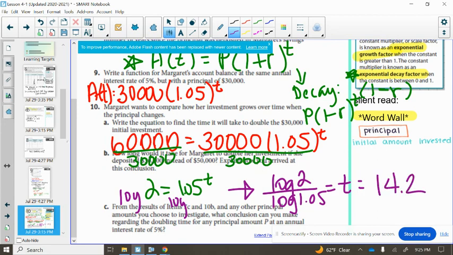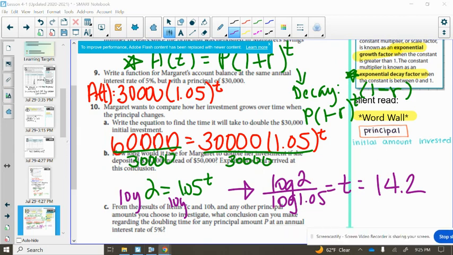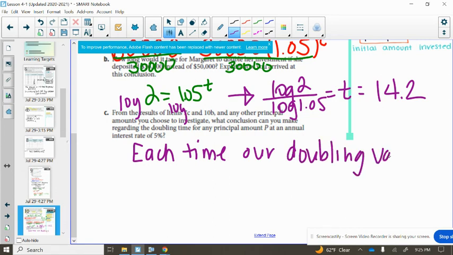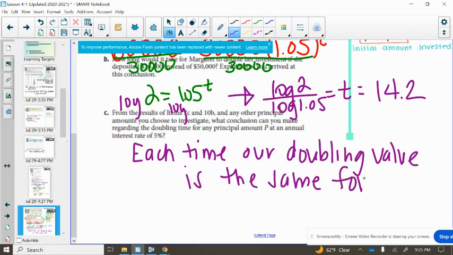So what we're going to notice is that no matter what happens with these each time, our doubling value is the same for our same interest rate of 1.05, aka 5%.